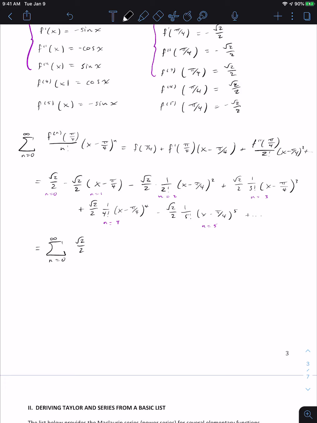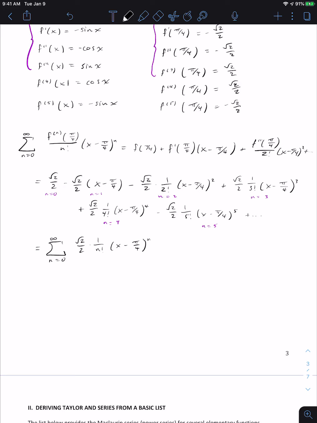Looking at maybe the third term or so, for n equals 2, that's where we can really start seeing this pattern. So I'm always going to get radical 2 over 2 times 1 over n factorial, and then I'm always going to get (x minus pi over 4) to the nth power.